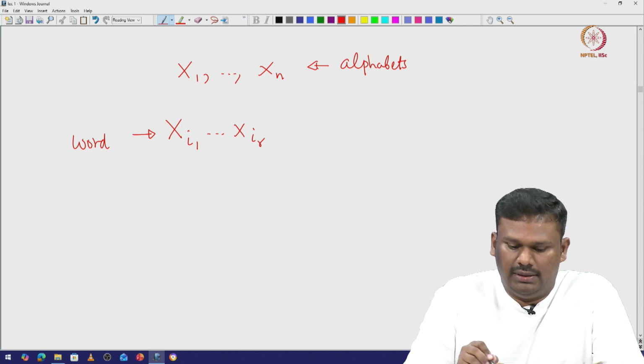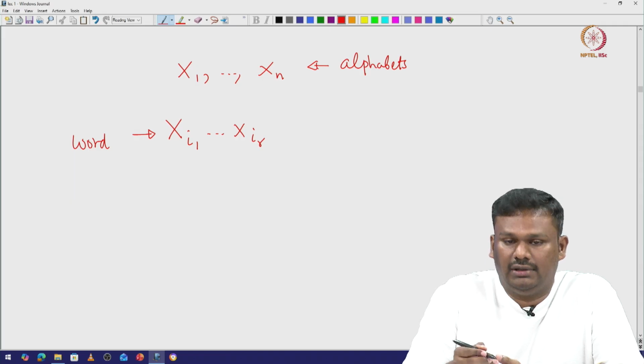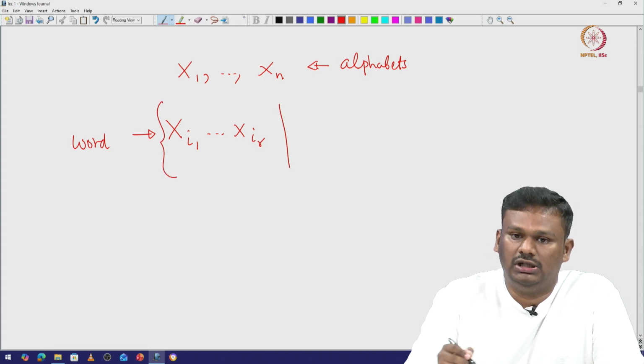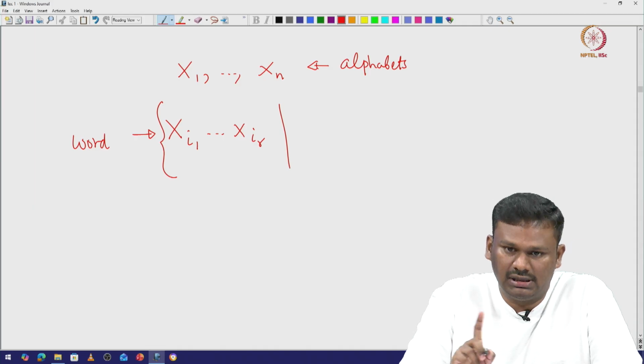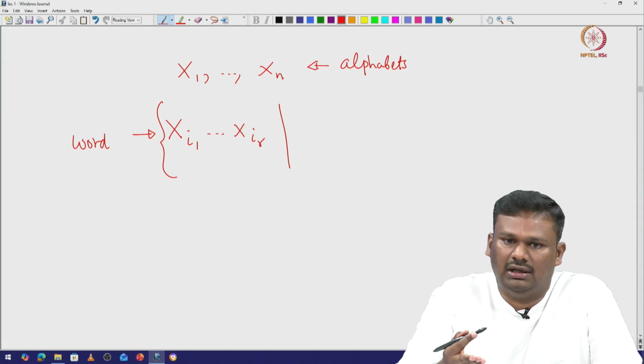And I am not saying that anything of this form will have meaning, but anyway, we can make all possible words, that is permissible. And then I can collect all of them, there is no issue. I am not talking about the commutativity between these symbols. I do not care whether xi, xj commute and so on. To begin with, they are just alphabets.